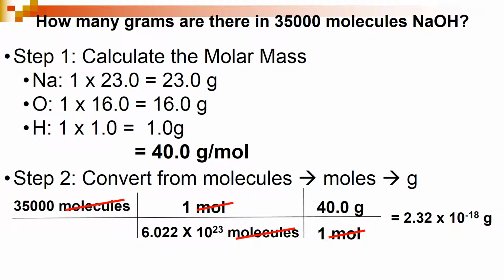When we perform these operations, we get a value of approximately 2.32 times 10 to the negative 18 grams. This means that 35,000 molecules of sodium hydroxide is equivalent to 2.32 times 10 to the negative 18 grams of sodium hydroxide. Okay, please go ahead and take a few moments to finish copying down the information from this slide.